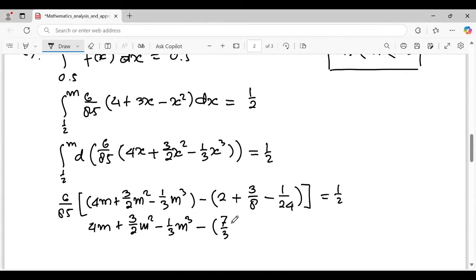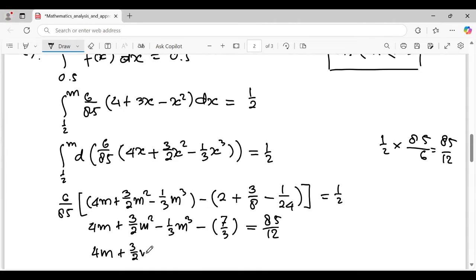7 over 3, yeah, I have calculated this. And half times 85 over 6 is 85 over 12. Okay, so 4m plus 3 half m squared minus 1 over 3 m cubed.